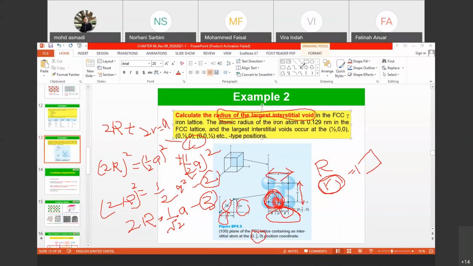If you are given the unit cells in BCC, FCC or SC, you have to determine the position for the defects, such as interstitial or substitutional. So please determine the radius for the interstitial atom.